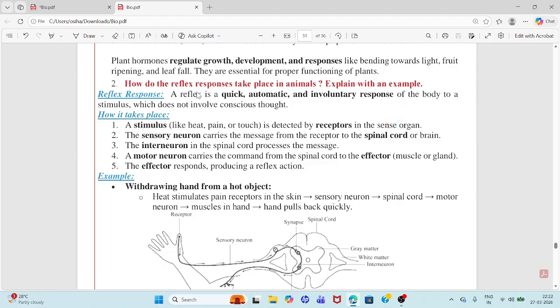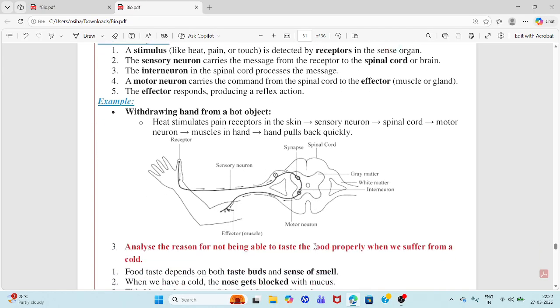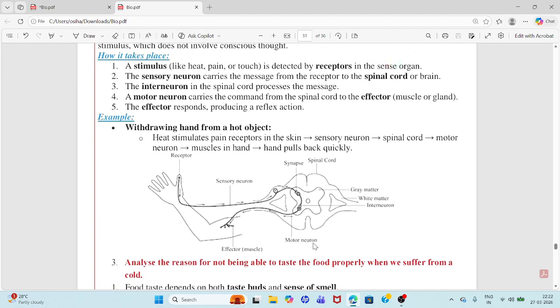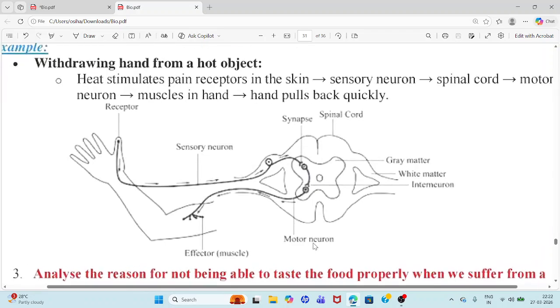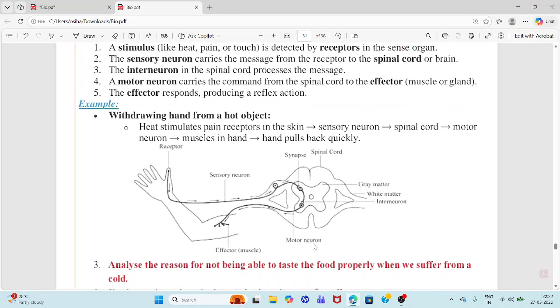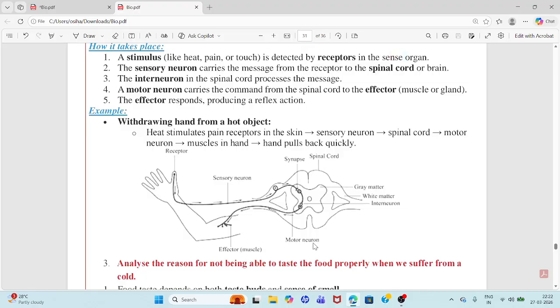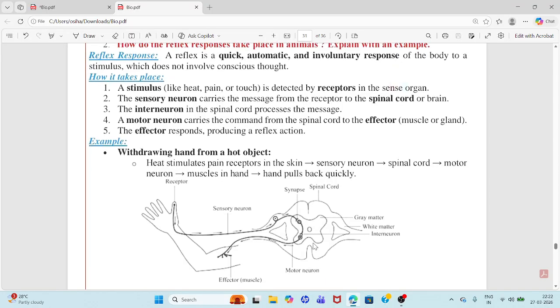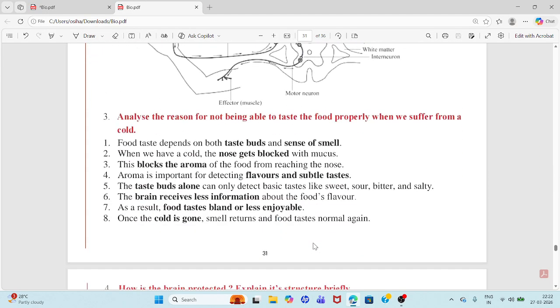Question 2. How does the reflex response take place in animals? Explain with an example. So you have to draw an example also. So I'll zoom this. So learn this question also.